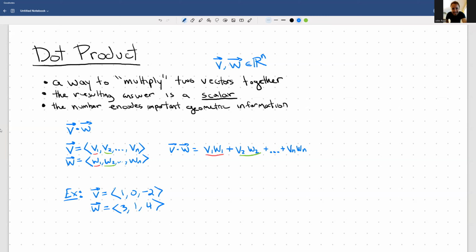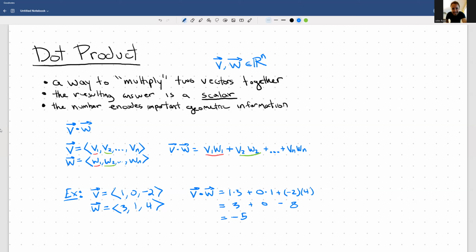Then when we combine these together in this dot product way, we're going to get v dot w equals, and then the first components multiply together, so that's 1 times 3. The second components combine together, so that's 0 times 1. And the third components combine together, so that's -2 times 4. And then the dust can settle. Let's hash this out. This is going to be 3 plus 0 minus 8. And so the end result is going to be -5 in this case. The dot product of this v and this w is -5.